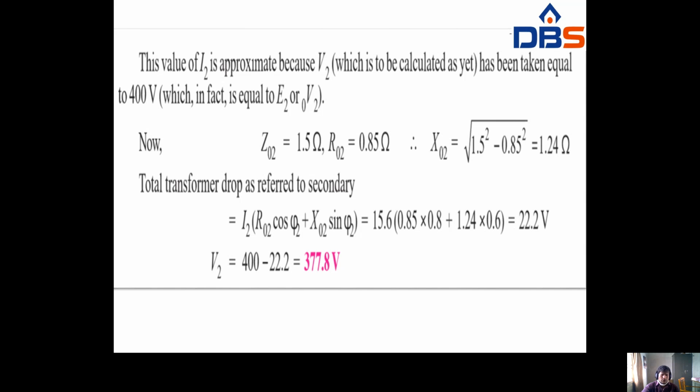So E2 is equal to 22.2 volts. Therefore V2, the secondary voltage, is 400 minus 22.2, that is equal to 377.8 volts. So this value is nothing but the drop, E2 minus V2. Now we have to determine V2. V2 is equal to 400 minus 22.2, which is 377.8 volts.